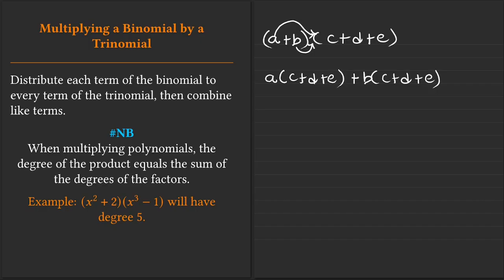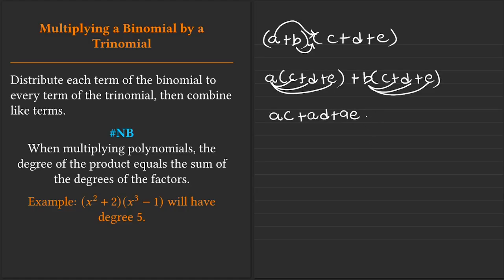Now you actually have just a monomial multiplying everything in the bracket. So A comes to multiply C, A comes to multiply D, and then A comes to multiply E. The same applies over here. So simplifying, we have AC plus AD, then plus AE.